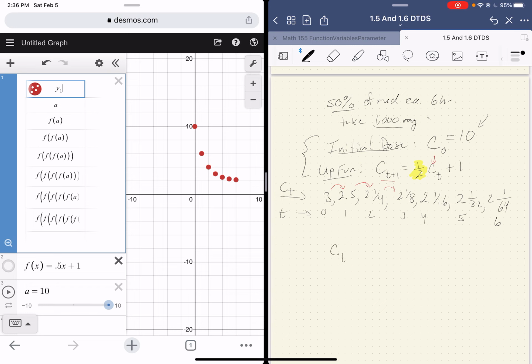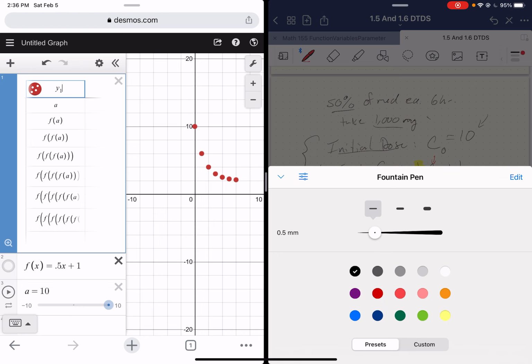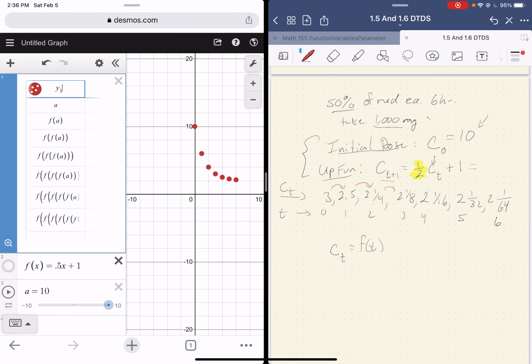So if I were to write c sub t as a function of t, versus what we have here, c sub t plus 1 is a function of c sub t. Okay, so here's an updating function. This would be a solution function.